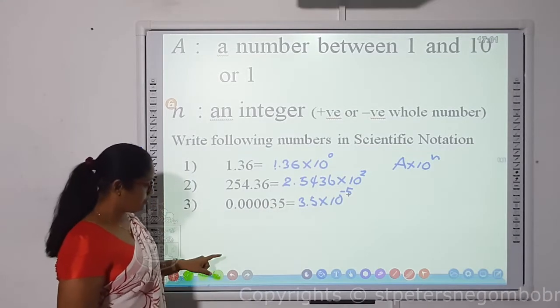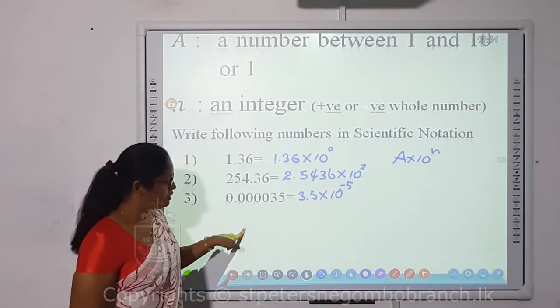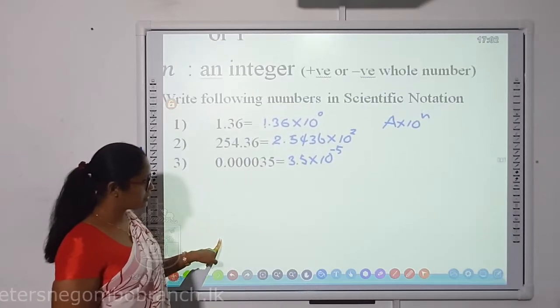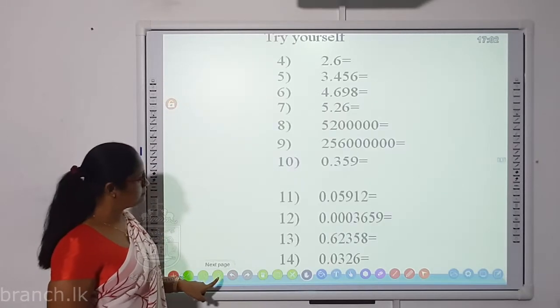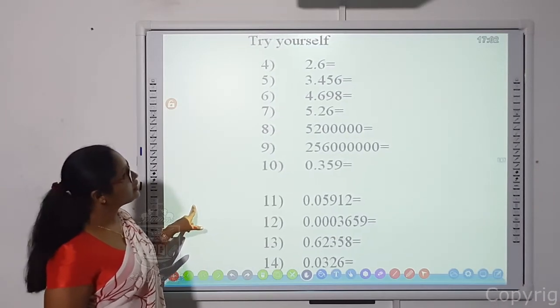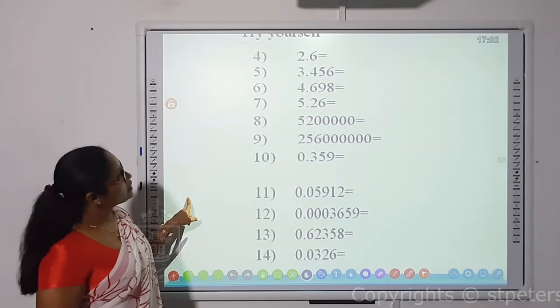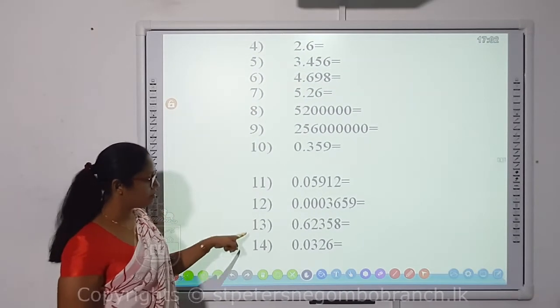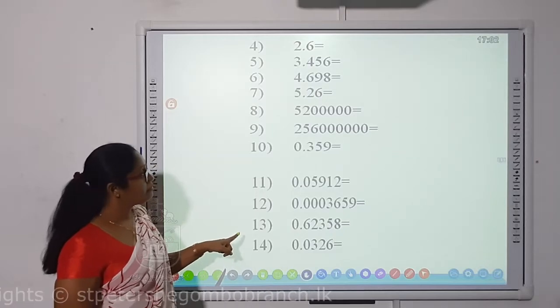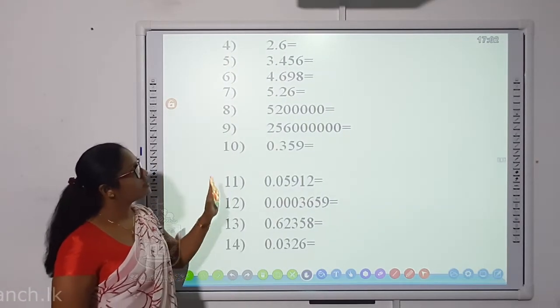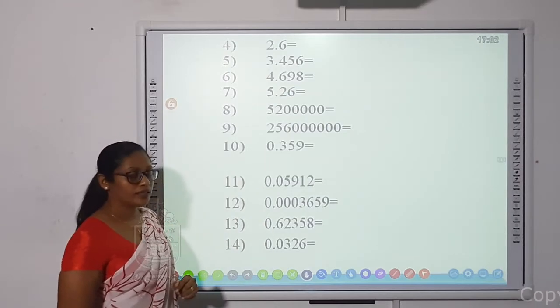Okay. So we will move to the next part of the lesson. Here in this slide you can see a set of questions I wrote. I don't concern on the number pattern. There is a typing mistake here. Anyway, you pick the normal numbers and convert them into scientific notation.